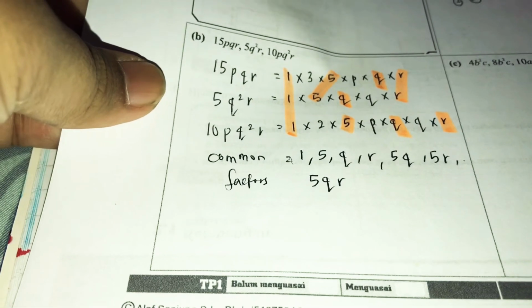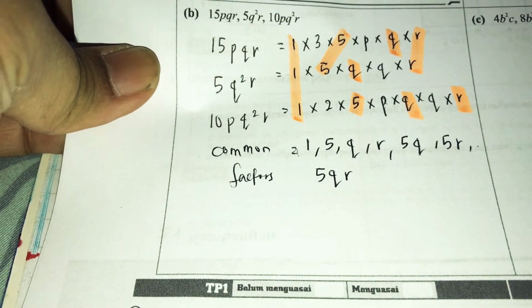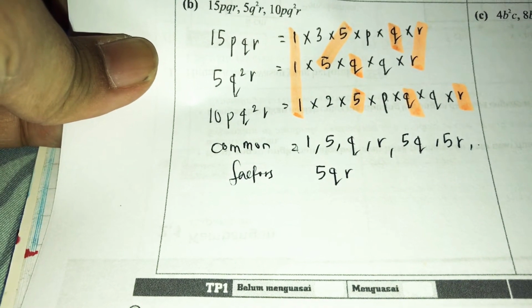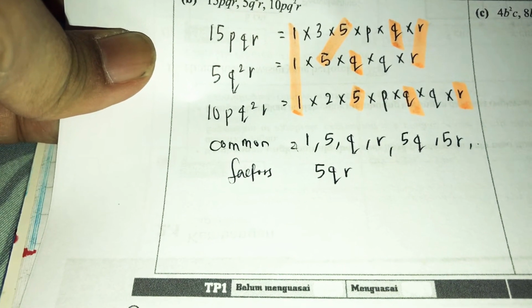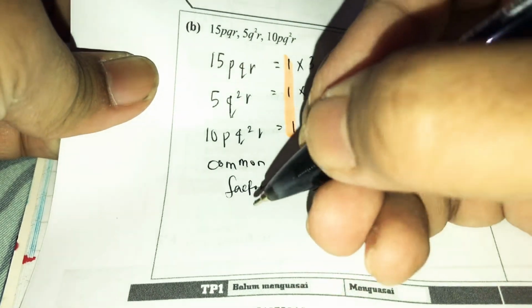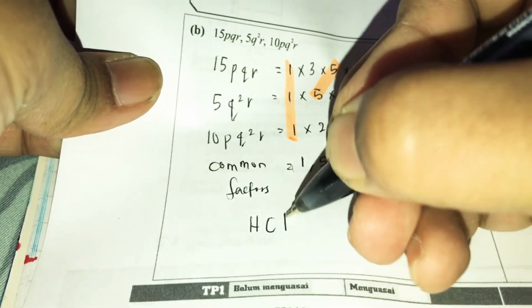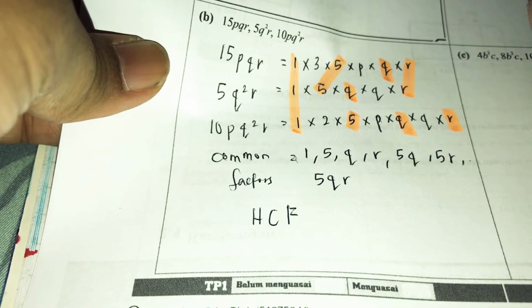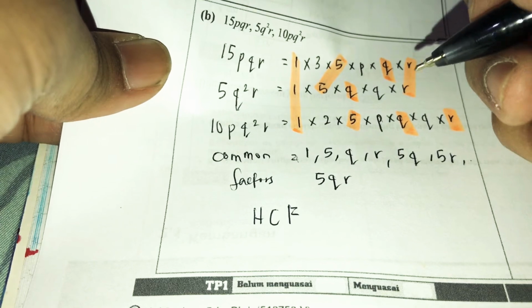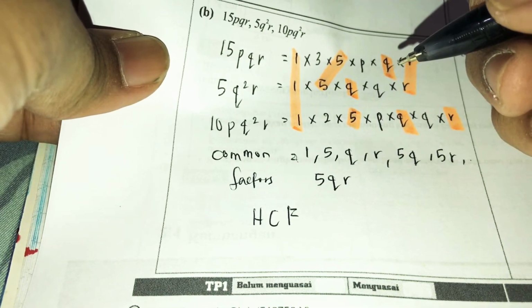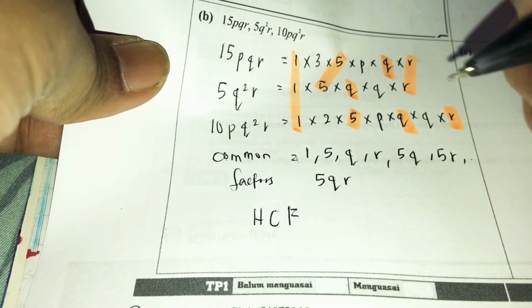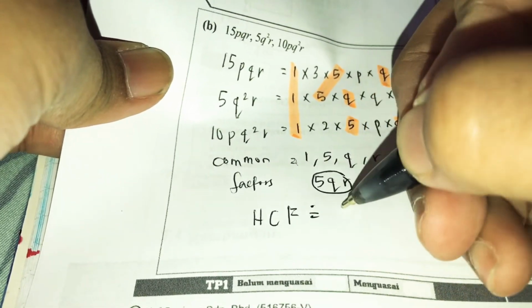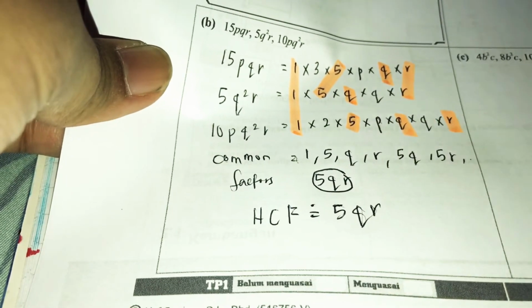Okay, and then the highest common factor means the number and the variable. So the highest common factor must be 5QR.